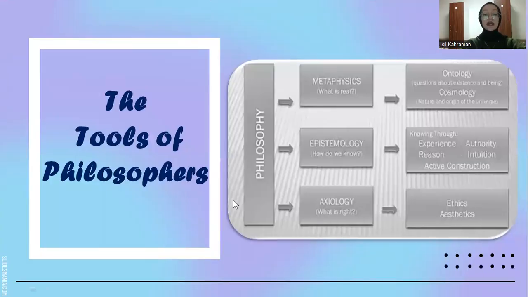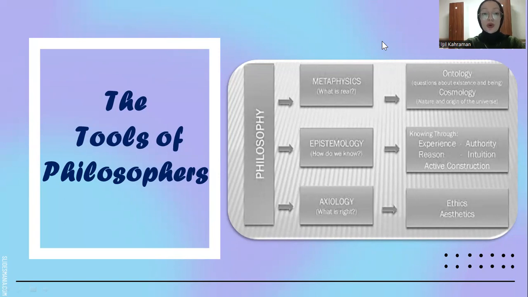And that's the last. There is the tools of the philosophers. There are three tools of the philosopher, which are metaphysics or ontology, epistemology, and axiology.